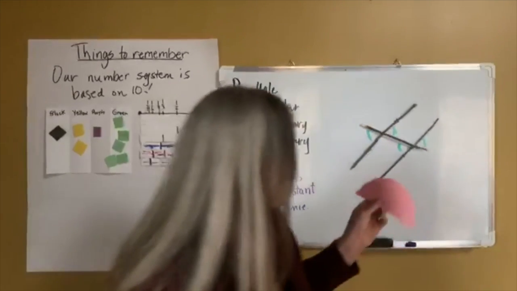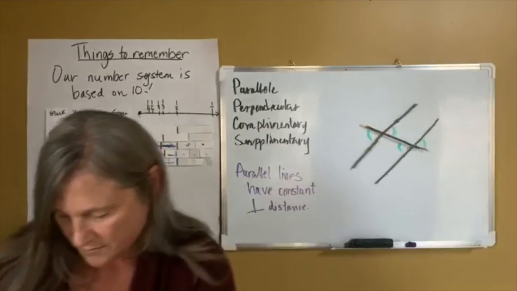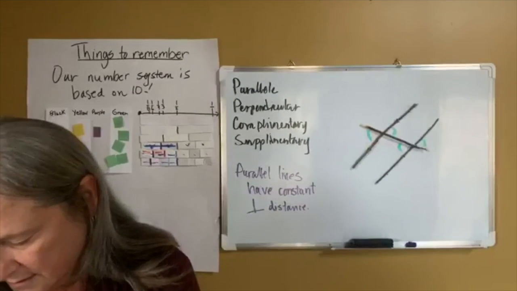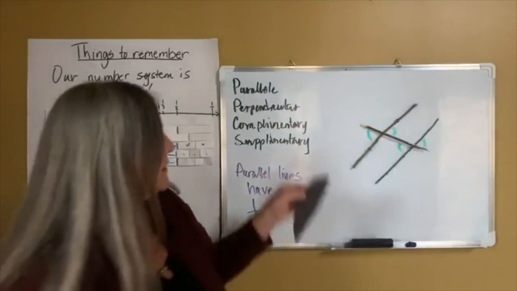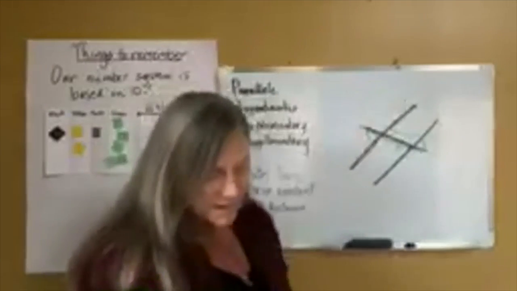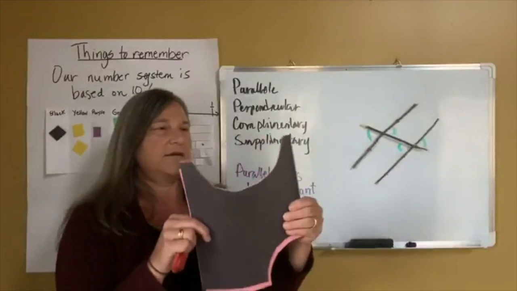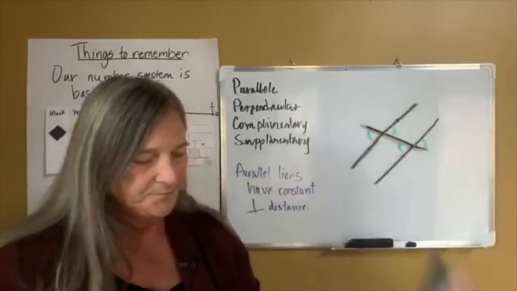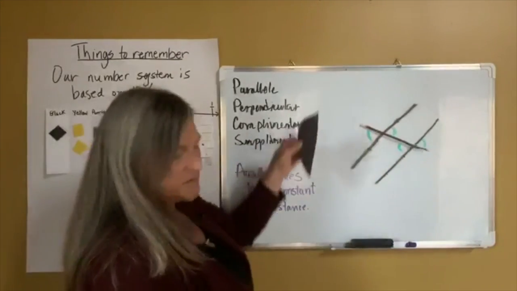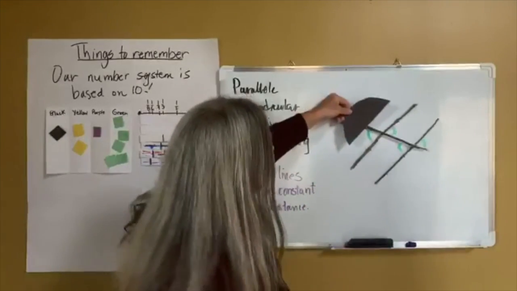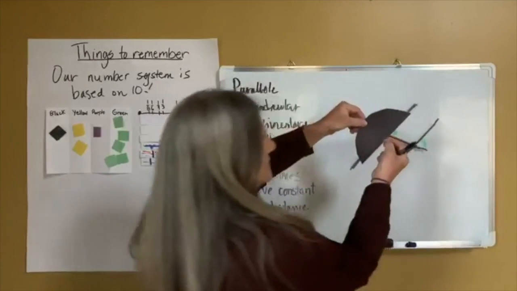Now, I am going to use this one so that we can see. So I took this semicircle just to cut off some half circles on construction paper. And I'm going to use this one to measure this angle. So I'm going to start in the middle here.